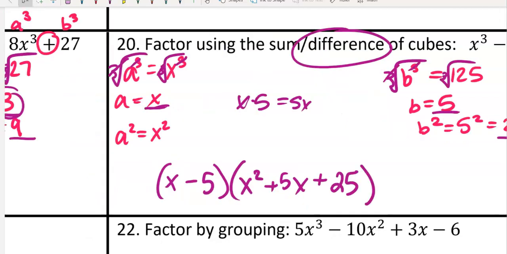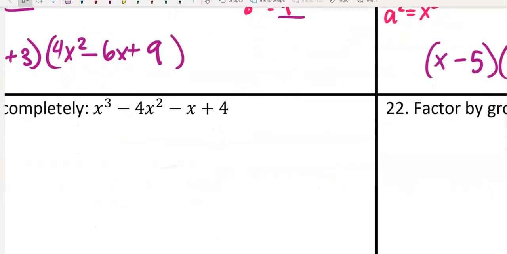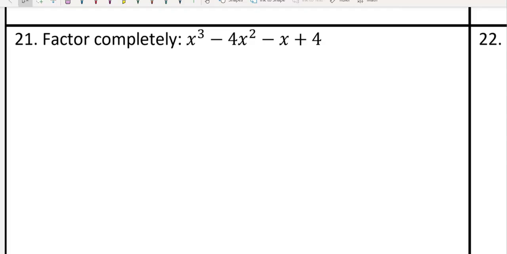For number 21, we are factoring, and this goes back to what I said earlier about, are we grouping or are we using the t-chart? Well, we have 4 terms here, so we can go right into grouping. No t-chart needed. So from the first section, x cubed and negative 4x squared, we can't take out a 4, so we're just going to take out a 1, or you can omit writing the 1.